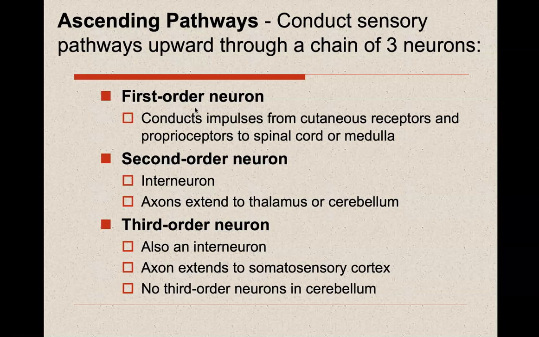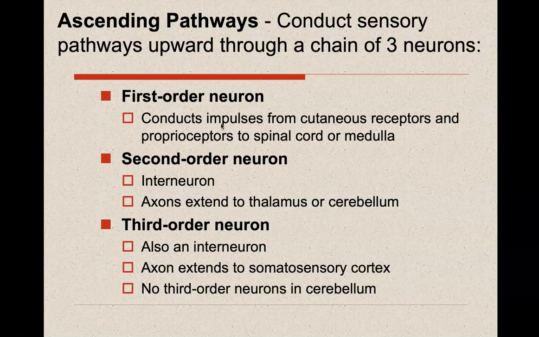And usually these neurons have axons that will extend to the thalamus or the cerebellum. So usually these second order neurons are synapsing with a first order neuron in the spinal cord somewhere, and then taking that impulse up to some higher area in the brain, either the relay center, the thalamus, or the cerebellum.